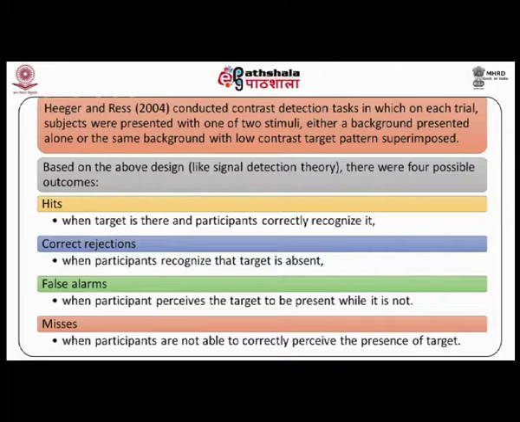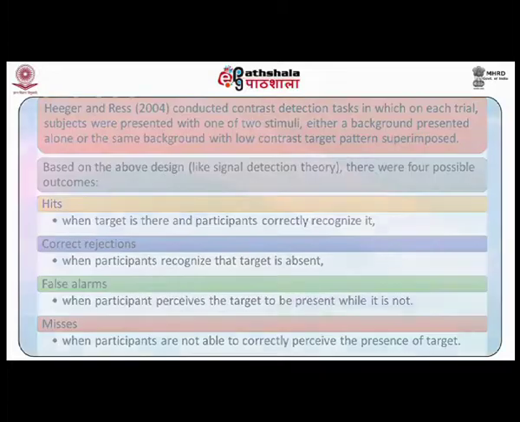Based on this design, there were four possible outcomes: hits, when the target is there and participants correctly recognize it; correct rejections, when participants recognize the target is absent; false alarms, when participants perceive the target to be present while it is not; and misses, when participants are not able to correctly perceive the presence of the target.